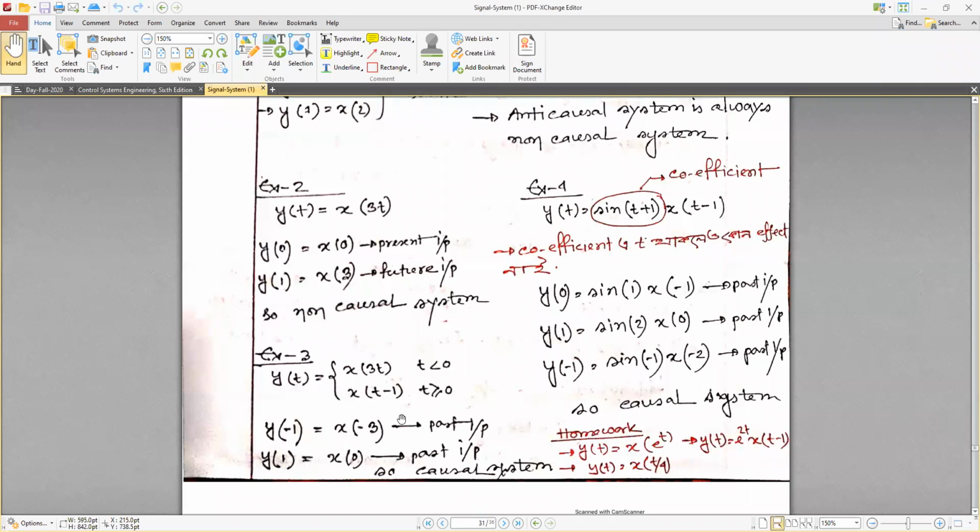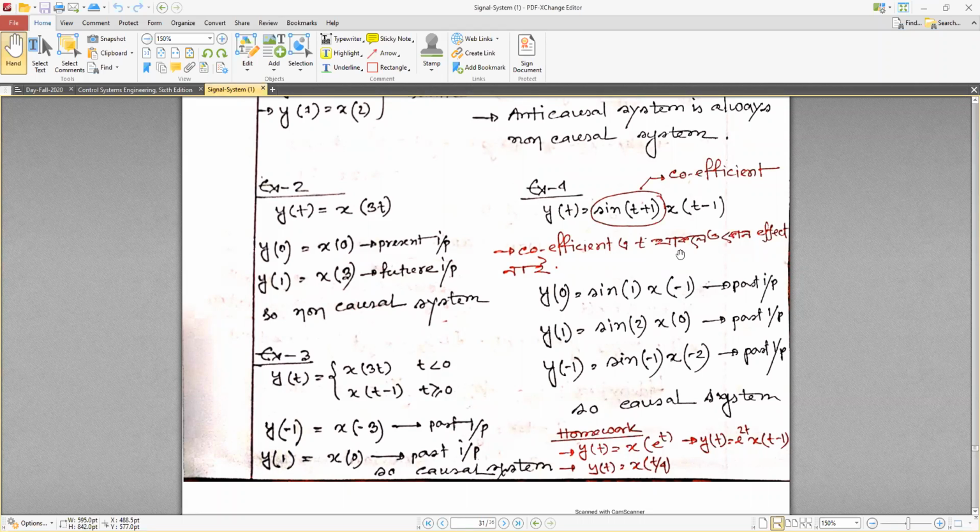If I put t equal to 0, it would be x of minus 1. For t equal to 1, it would be x of 0. So it depends on the past value. It does not depend on the future value. So you can say this is a causal system.